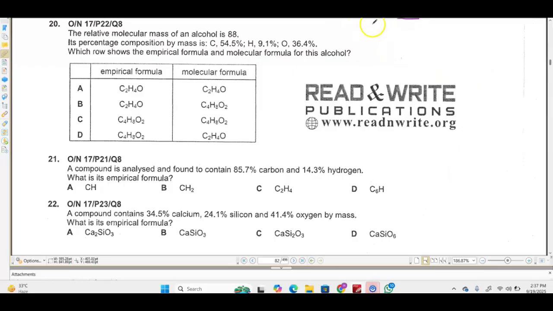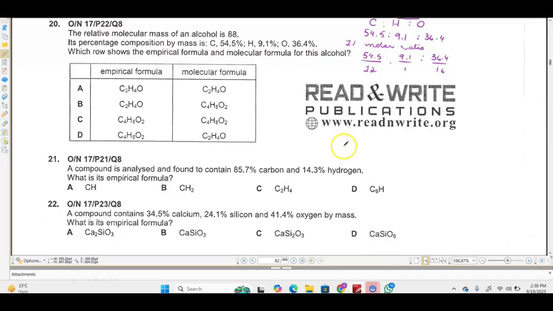Okay. So first things first, we are going to write the elements that are there in this alcohol. Okay. So there is 54.5% carbon, 9.1% hydrogen, and 36.4% oxygen. So the first step is to convert these into molar ratios. We do that by dividing these percentages with their Mr. So Mr for carbon is 12, for hydrogen it's 1, and for oxygen it's 16.